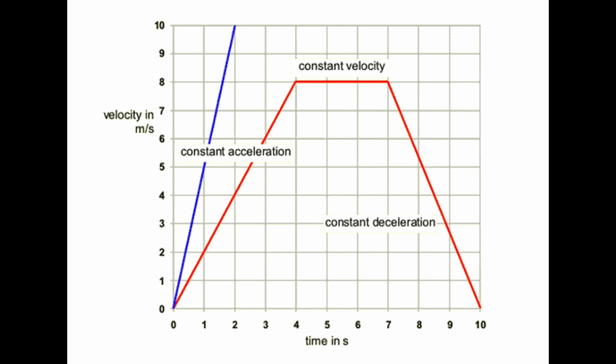Now let us discuss that red graph. In that red graph, the velocity is increasing, but the rate at which the velocity is increasing is constant. That is why we use the words constant acceleration. After some time you can see the velocity is constant.